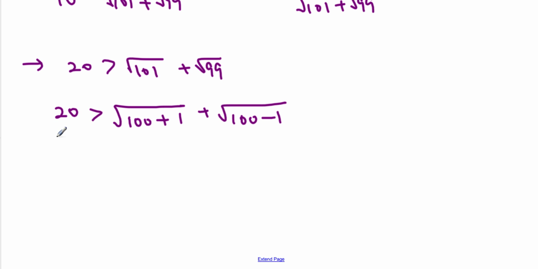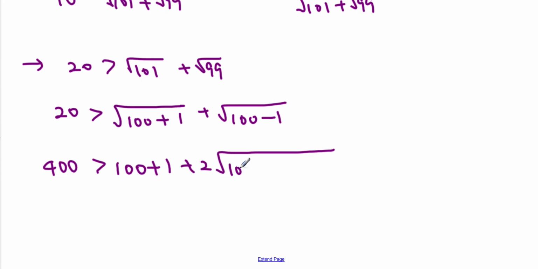So if I square both sides, I get 400 is greater than 100 plus 1 plus 2 times the square root of 100 plus 1 times 100 minus 1, plus 100 minus 1, squaring the second term. But as you can see, plus 1 and minus 1 cancel out.